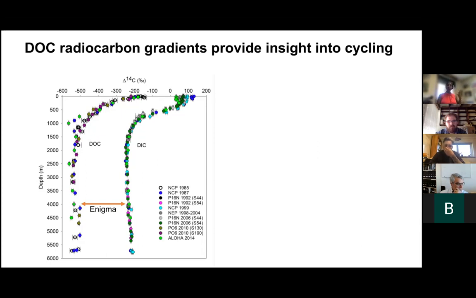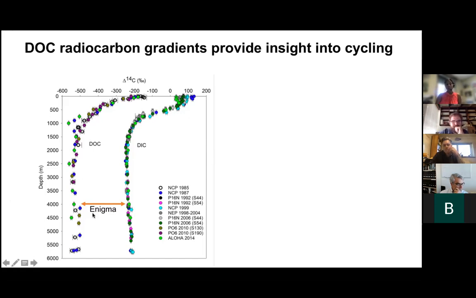In this case, because of the way we make the radiocarbon measurement, we've accounted for any fractionation associated with the uptake of different isotopes of carbon into the system. So we can compare these directly, and in fact, we would expect that to be a similar value if the bulk of the DOC was being produced primarily by photosynthesis and turning over on short timescales in the upper ocean.